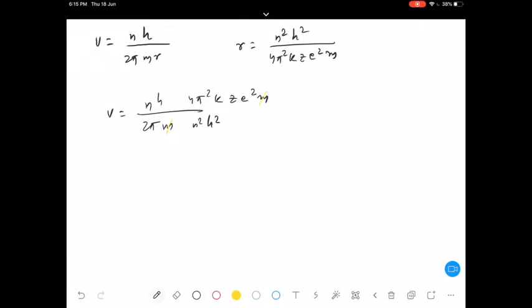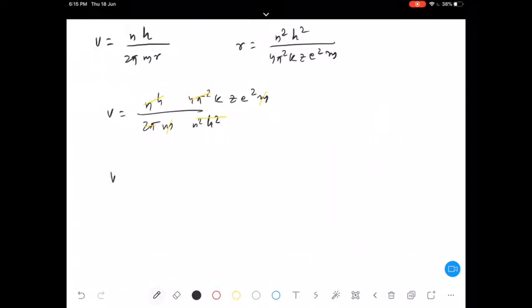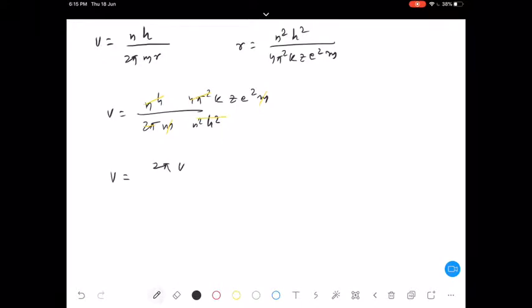M to m will get cancel out, n square h square to nh will get cancel out, 2 pi to 2 pi will get cancel out. Isn't that correct? So what will be left behind? We can write velocity, it will be coming out to be 2 pi k z e square upon n h.